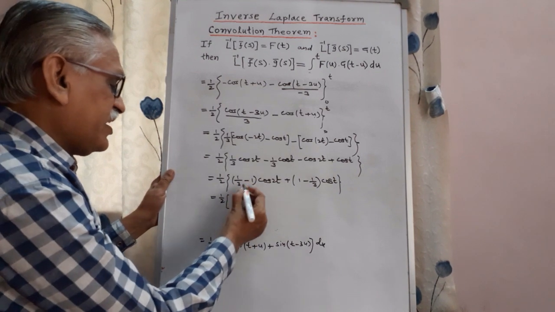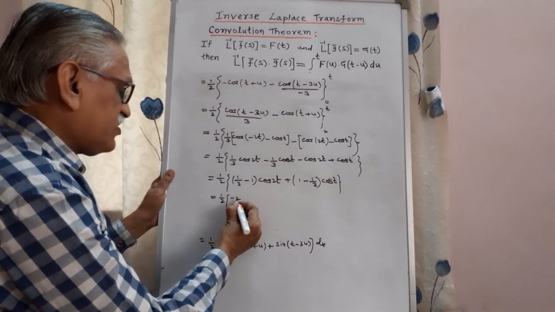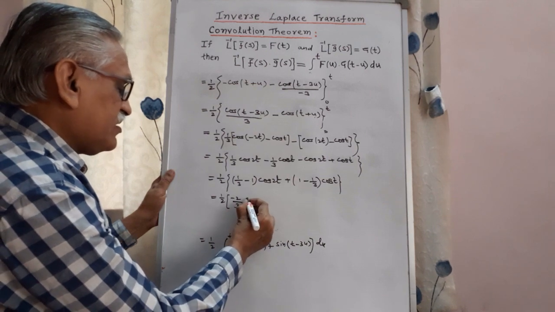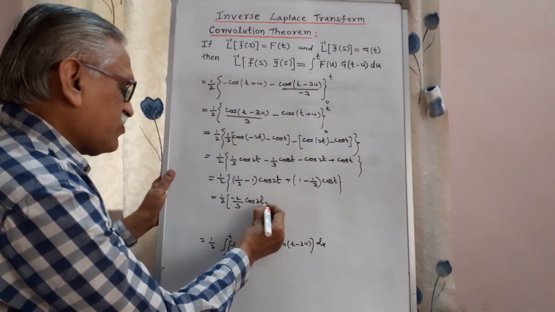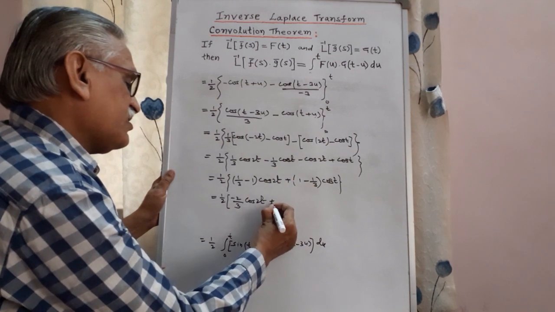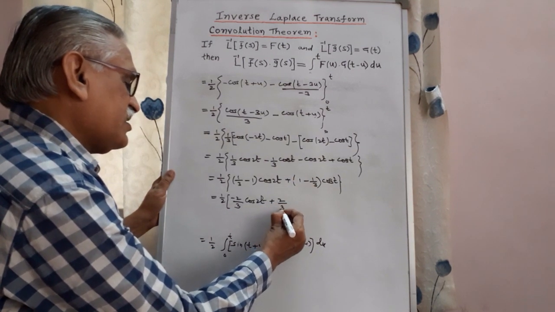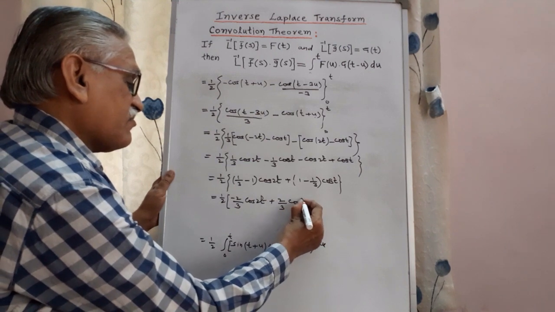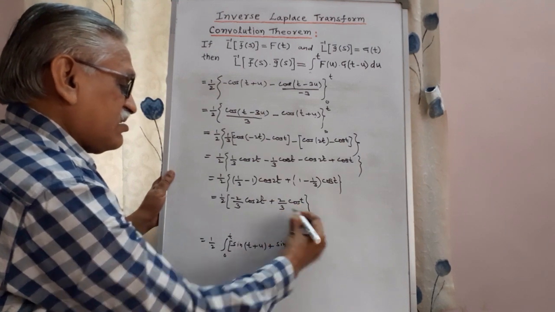Therefore it is 1 by 2, 1 minus 3, we get 1 minus 3 means minus 2 by 3 cos of 2t, and 1 minus 1 by 3, we get 2 by 3 cos t.